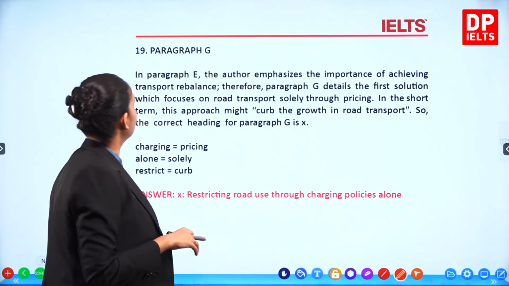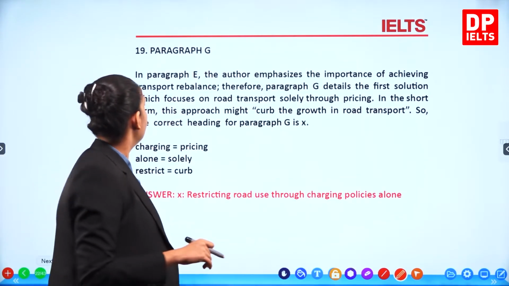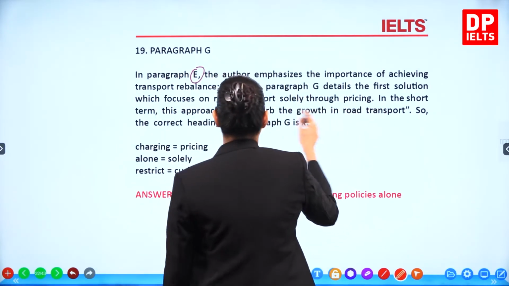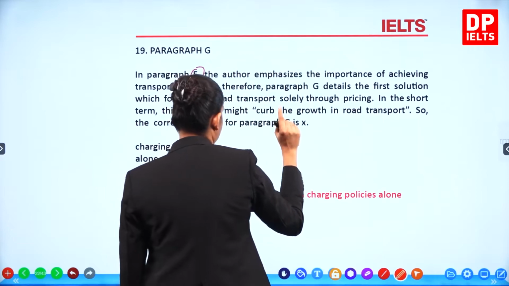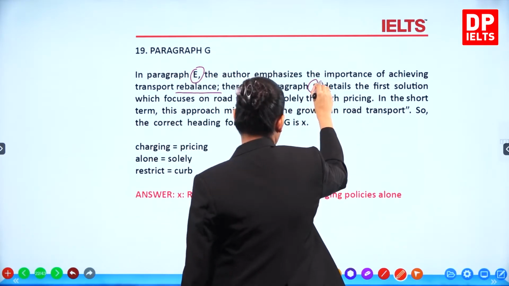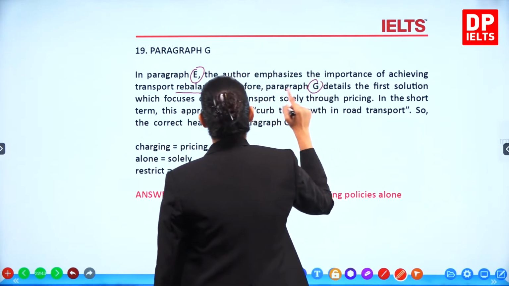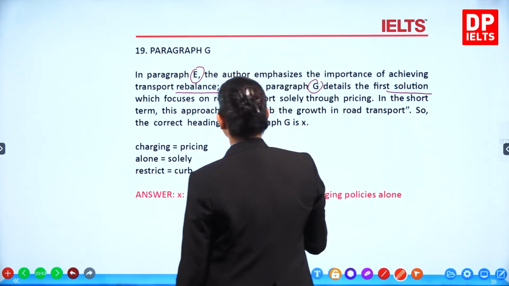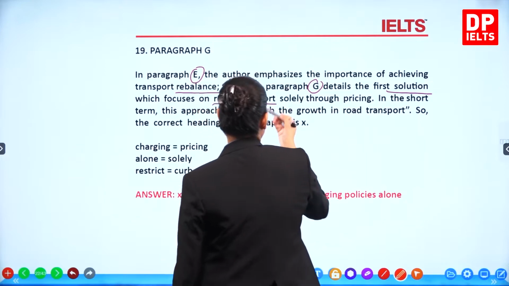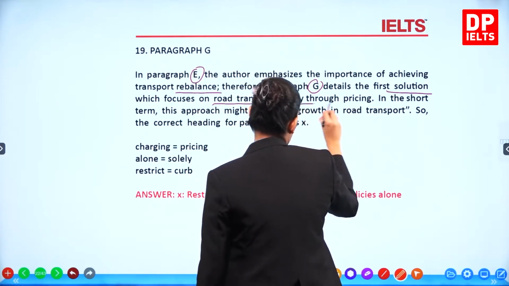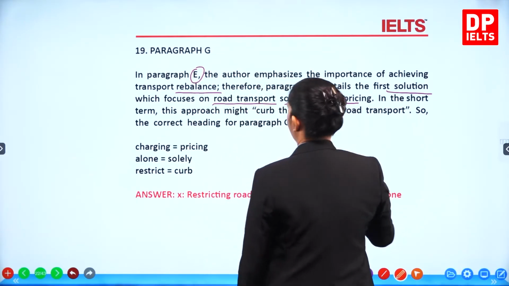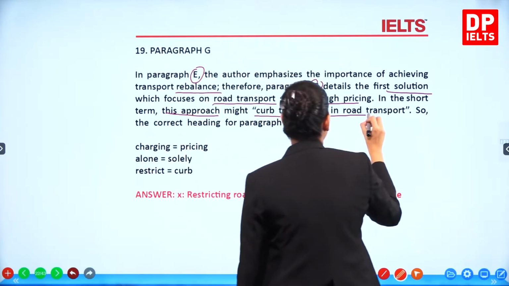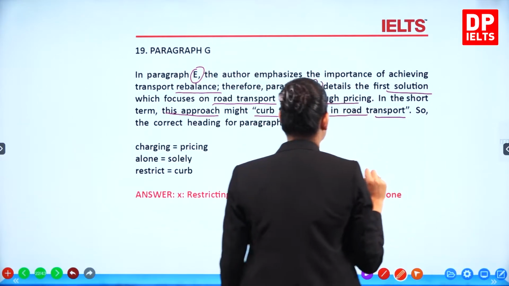So let's have a look at paragraph G. Now, in para E, of course, the author was emphasizing the importance of achieving transport rebalance. But in para G, the author details the first solution, right, which focuses on road transport solely through pricing. In the short term, this approach might curb the growth in road transport.